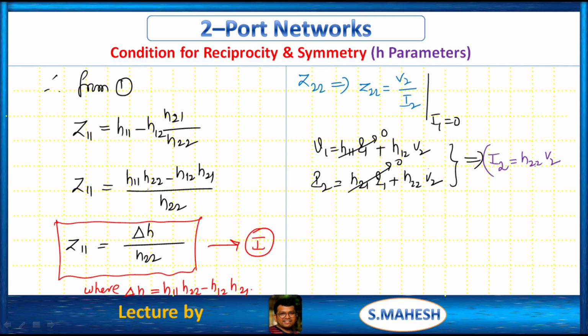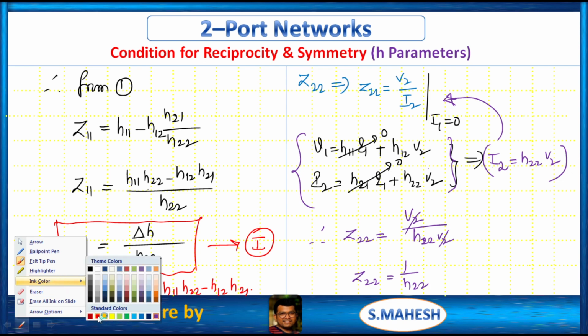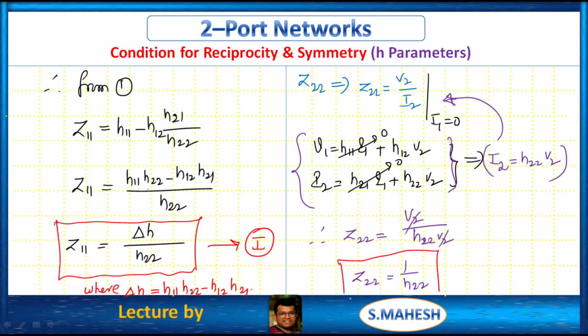Then we substitute this I2 into Z22 = V2 by I2. V2 gets cancelled. Therefore Z22 = 1 by H22. See, this is the second one.